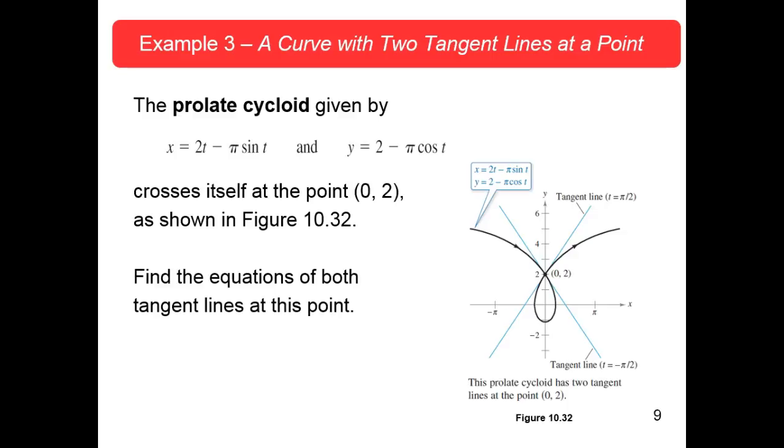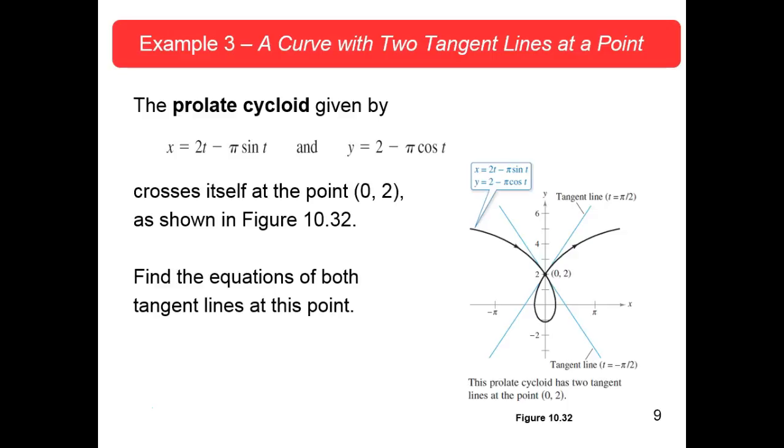Okay? So the curve itself crosses itself at the point 0, 2, shown here. It says find the equations of both tangent lines at that point.